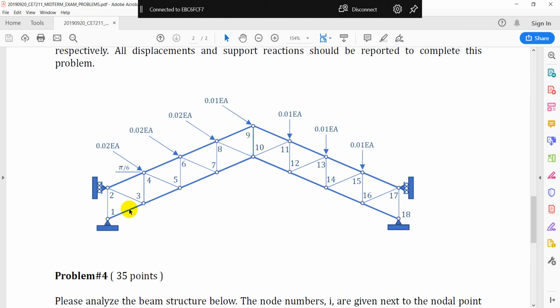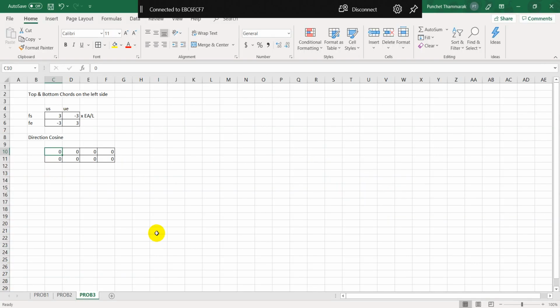Sine is 5/13, right? For this angle. Cosine is 12/13. It's 12/13. 5/13.